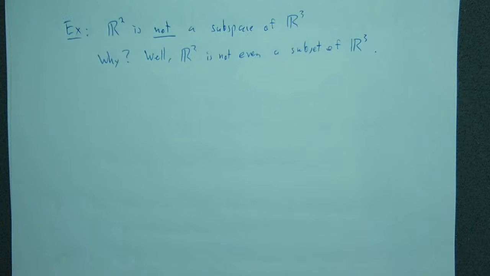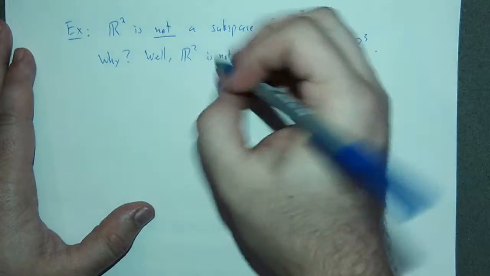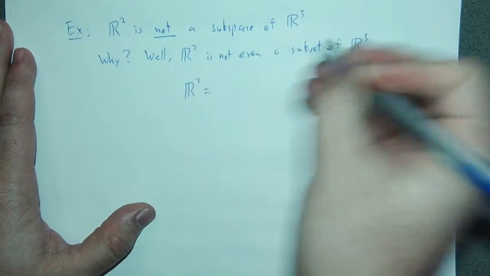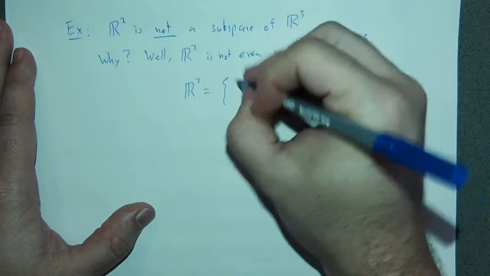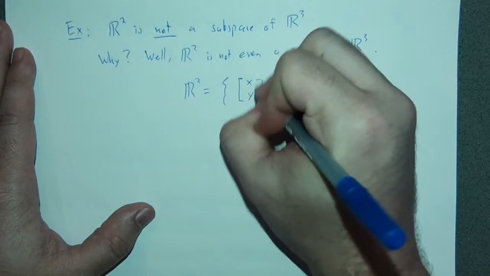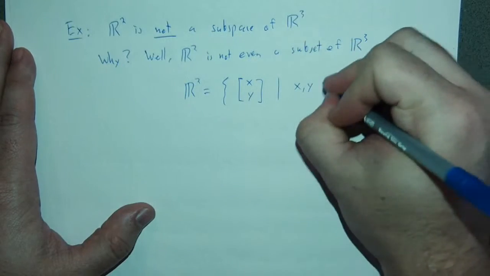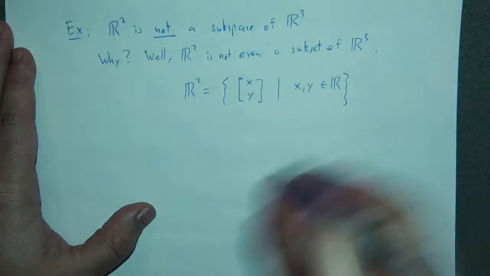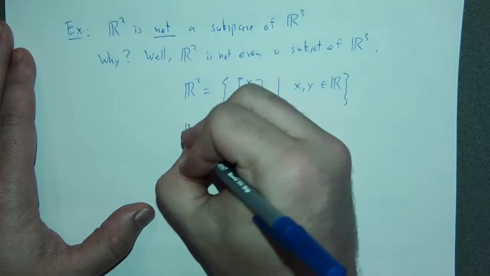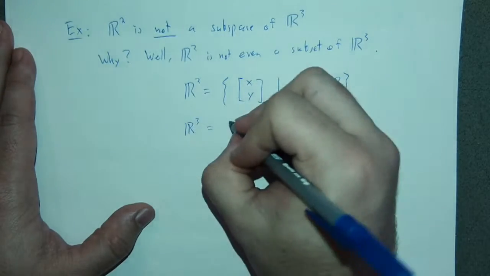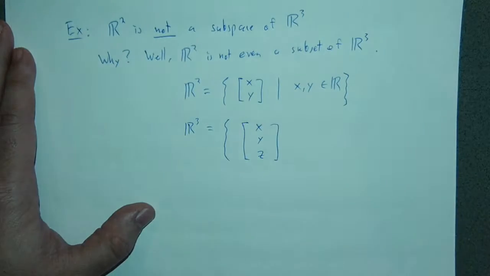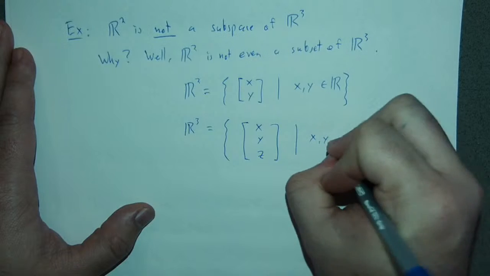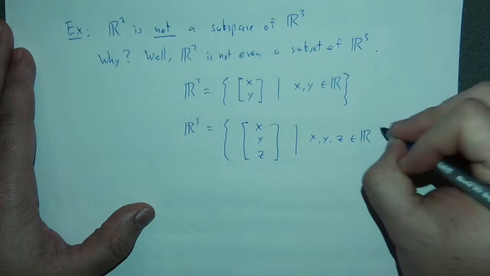So why is R2 not a subspace of R3? It's not a subset of R3, right? Because what is R2? R2 is the set of all vectors (x, y) such that x and y are real numbers. It's the set of all ordered pairs. Well, what's R3? It's the set of all vectors (x, y, z) such that x, y, and z are real numbers.